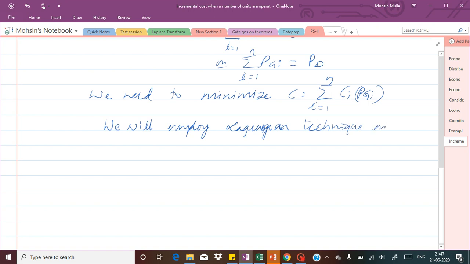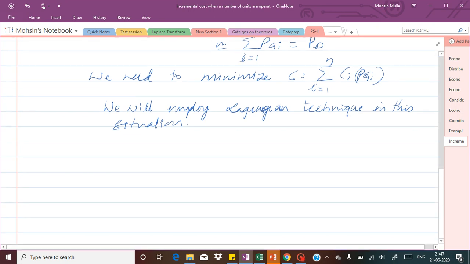In this situation, because there is a function and also a constraint, the Lagrangian technique to minimize the function will be most suitable. Now let us see what exactly that Lagrangian function is and how it is used to get the minimal condition for a particular function.